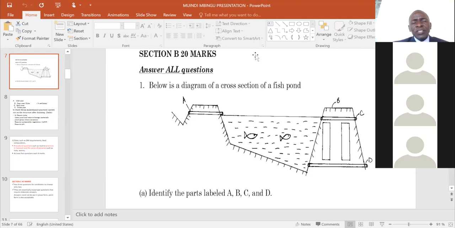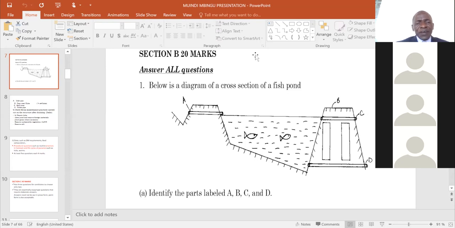Now, it is important during your revision to focus on diagrams and familiarize yourself with them, knowing the names of parts and the uses of the various parts, and of course, the maintenance measures if the diagram is for a structure. That will prepare you for structured questions on farm structures.